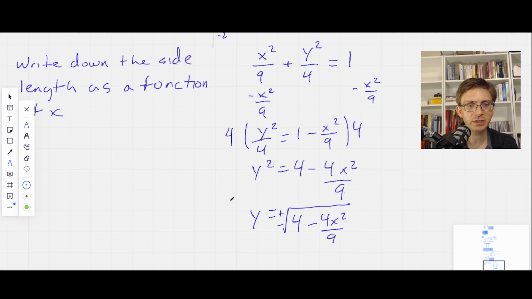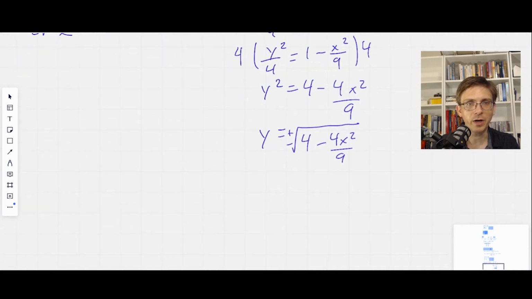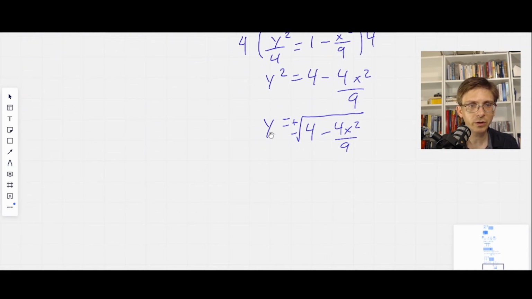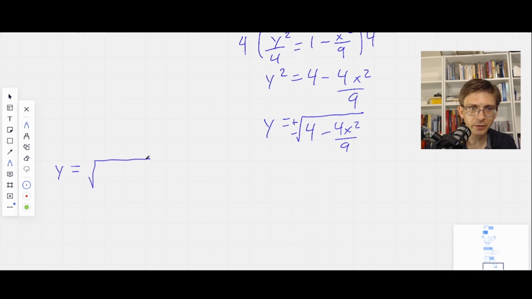That plus or minus just tells us that we could either go to the top or the bottom of the ellipse. And we're going to go to the top of the ellipse, so we're going to take the positive side. So now we have this really nice equation that will give us a y value for whatever x value we plug in. So y equals the square root of 4 minus 4x squared over 9.